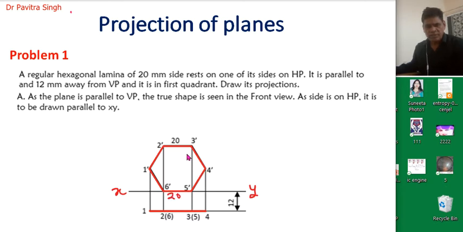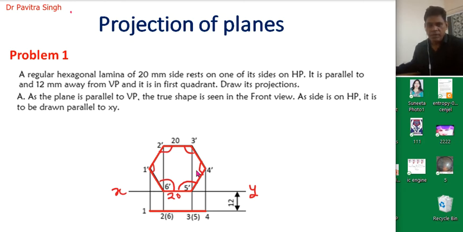Now we will construct this hexagonal plane. Actually we need this angle, this angle, this angle, this angle, and this. To construct this hexagonal lamina, we need its side and angle. All sides are equal because it is a regular hexagonal lamina, and all angles will be the same.